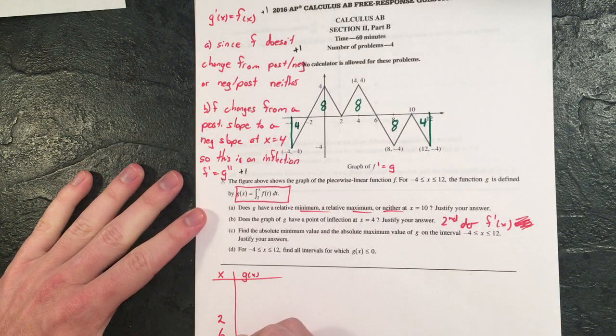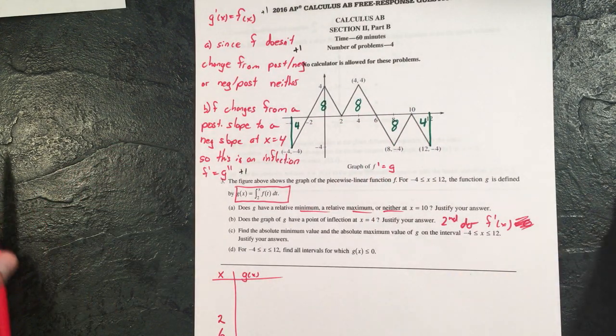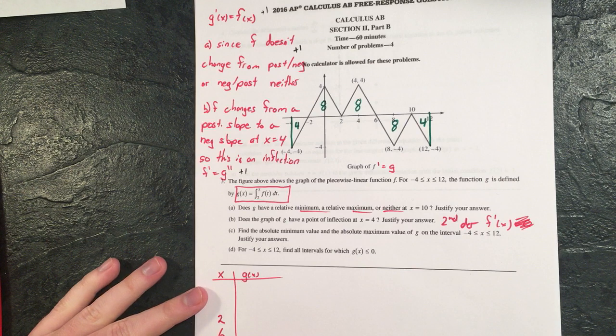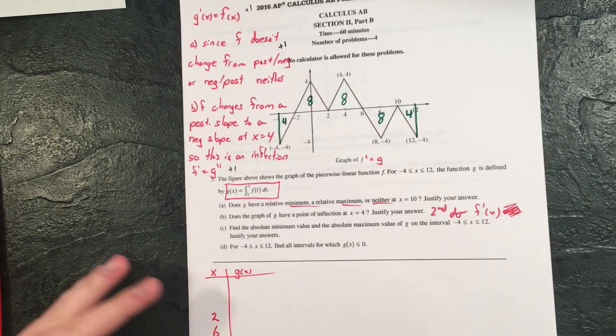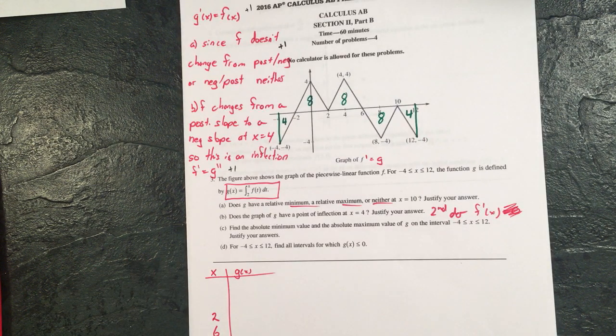And then we have to look at 12 since it's an endpoint. So we look at 6 because it changes f from positive to negative here. And 12 is an endpoint. And so by that same logic, since we had to look at 12, we also have to look at negative 4, because that's also an endpoint.